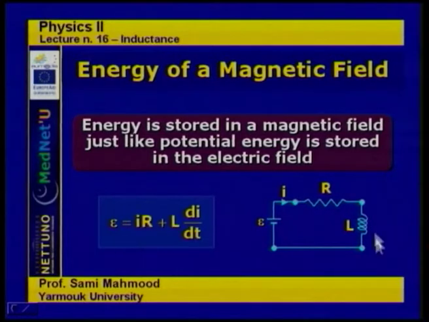When we apply Kirchhoff's law to this circuit, we obtain that the electromotive force epsilon is equal to I R, the voltage drop across the resistor R, plus the voltage drop across the inductor L, which is simply L times dI by dt.